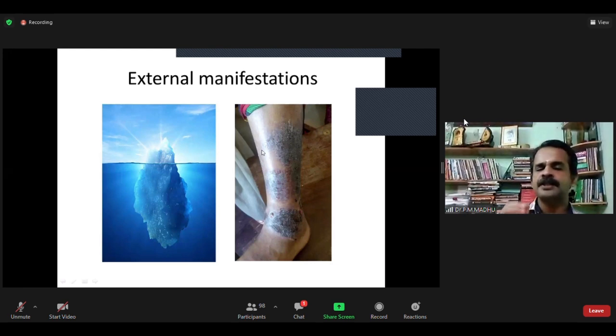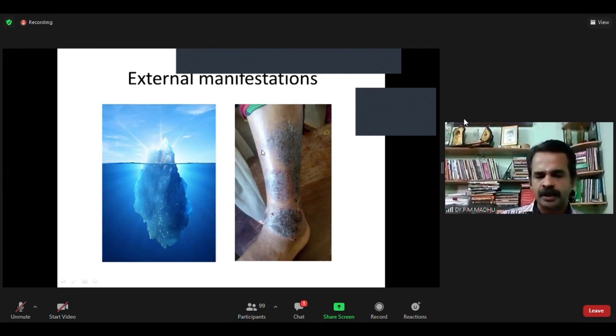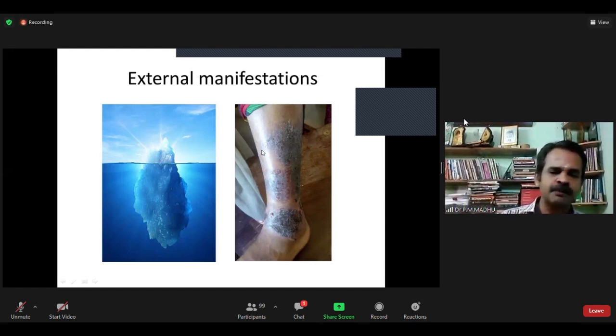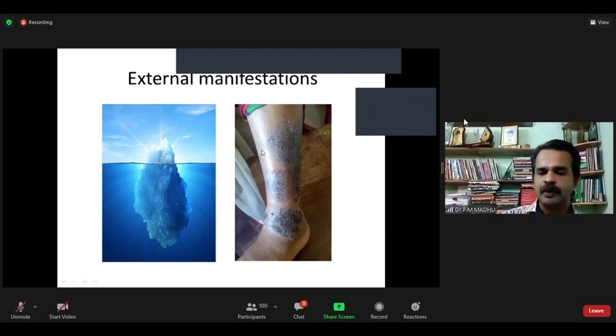So it is necessary to infer, or we have to do anumana pramana while seeing the external morphology. Yatra yatra dhuma tatra tatra vahni, that is the basic principle detailed in Ayurveda. Like that, where there is an external presentation, we have to identify that the internal samprapti, a large internal pathology inside the body, is there.